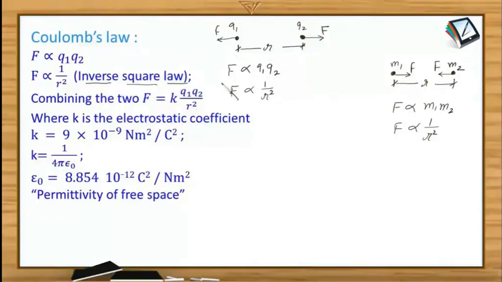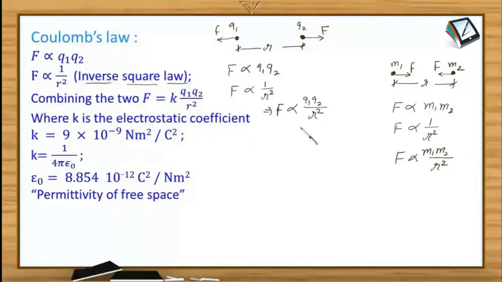Combining these two findings, for gravitation we can write F is proportional to m1 m2 divided by the square of the distance, and in Coulomb's law, F is proportional to q1 q2 divided by r square.